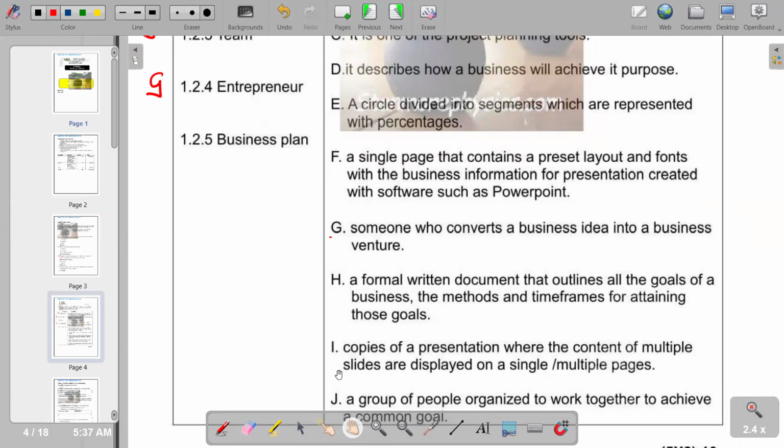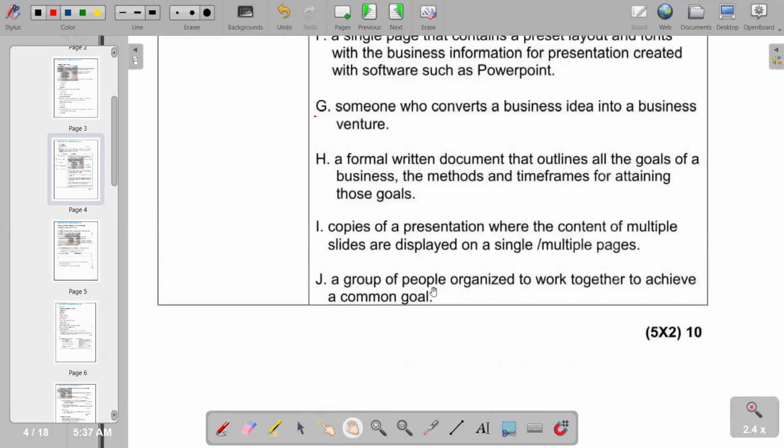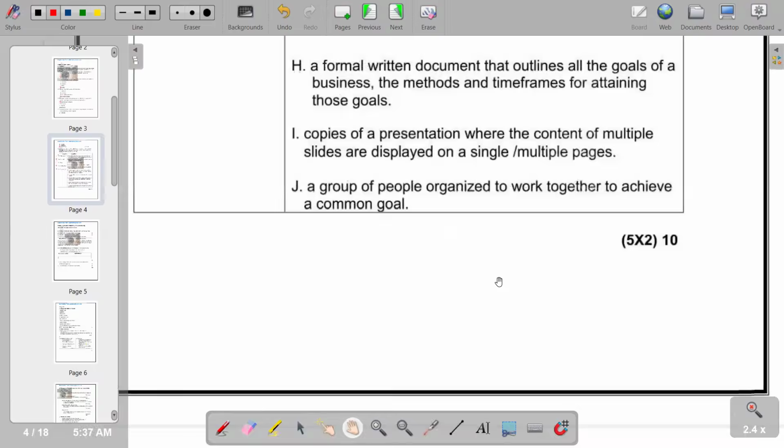According to our responses, you can check on H, a formal written document that outlines all the goals of a business, the methods and timeframes for attaining those goals. So H is the correct answer. Then we move on to the next part. Remember, this is our basic part, which has got 10 marks.